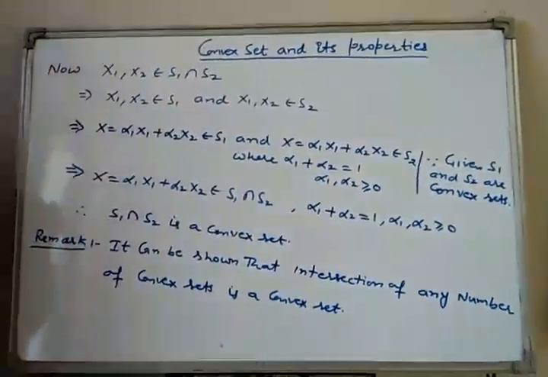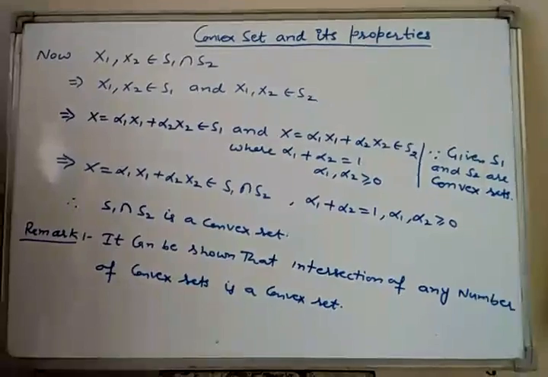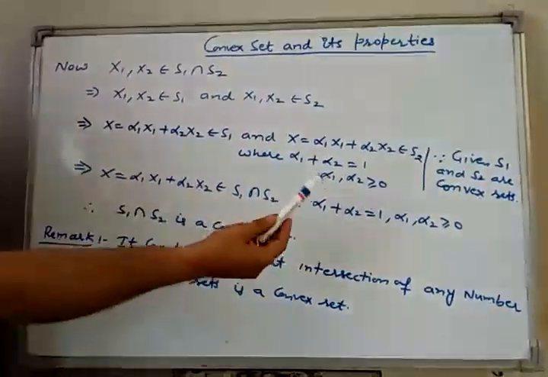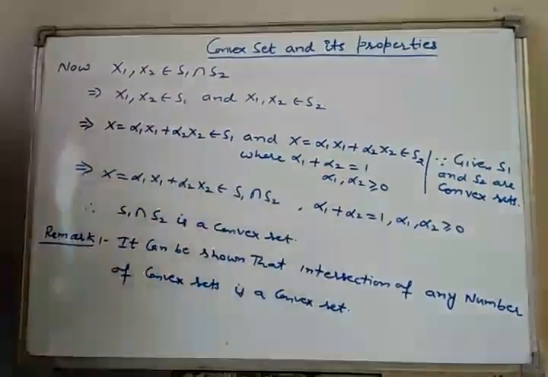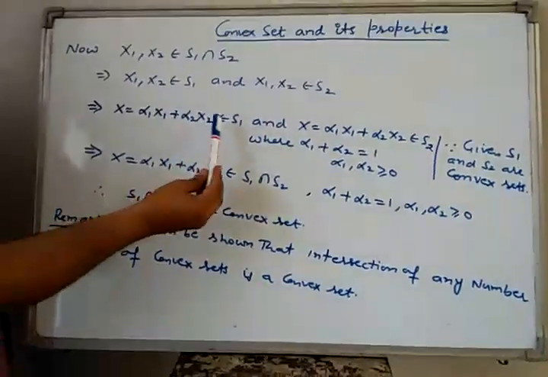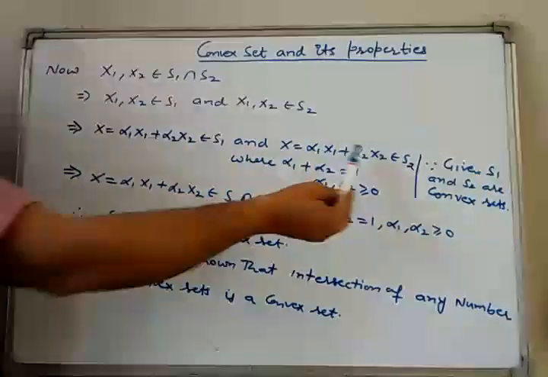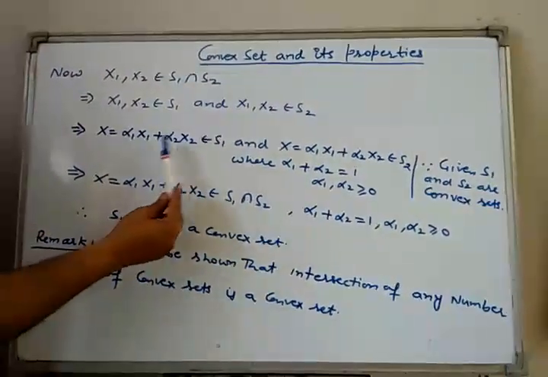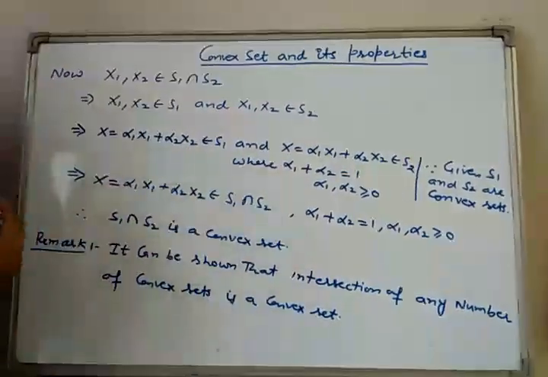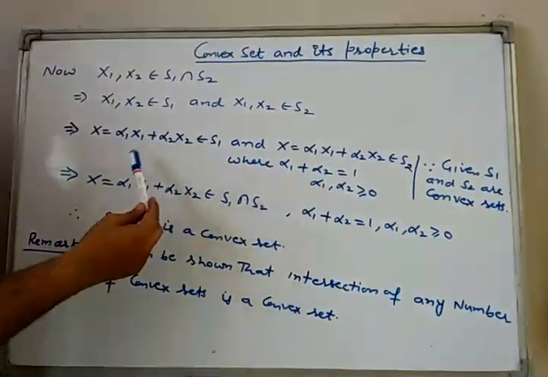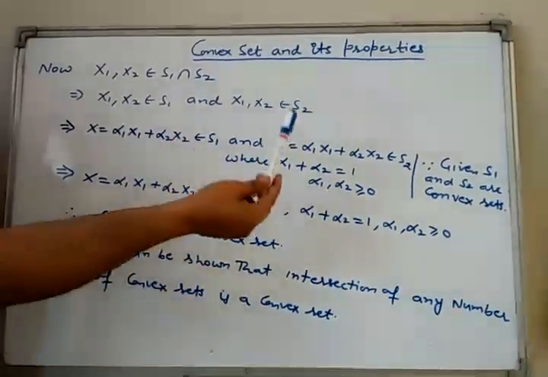With the condition on scalars that alpha 1 plus alpha 2 equal to 1 and alpha 1, alpha 2 both are non-negative. As this CLC is in S1 and also in S2, therefore this CLC is common to S1 and S2. Therefore, this CLC also belongs to their intersection.